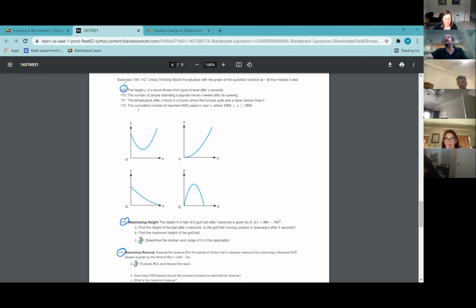Yes, we can. All right, so 109 says the height y of a stone thrown from the ground level after x seconds. There are two things that are starting from the ground. Which two are starting from the ground over here? Excuse me, teacher, which number, please? C and D. I'm doing 109, 110, 111, and 112.